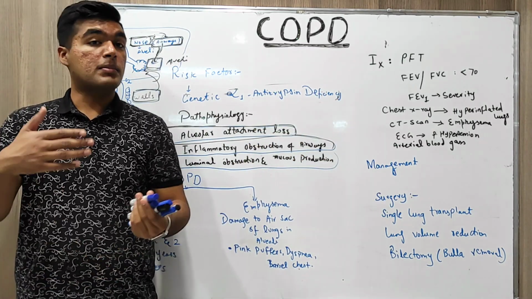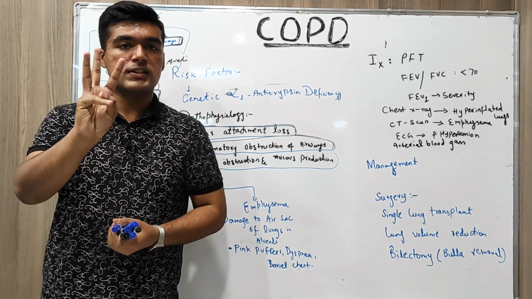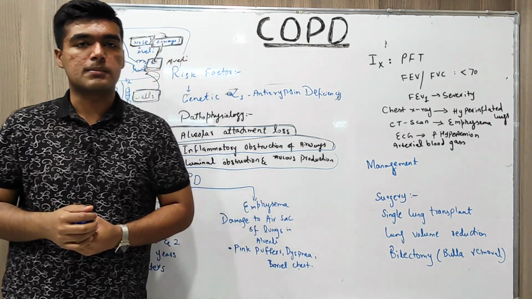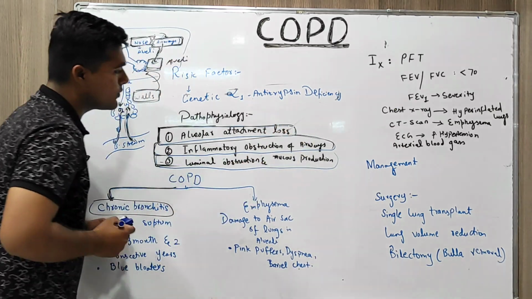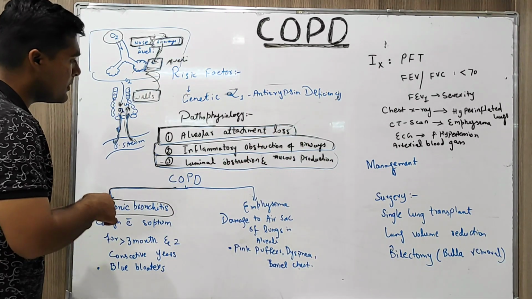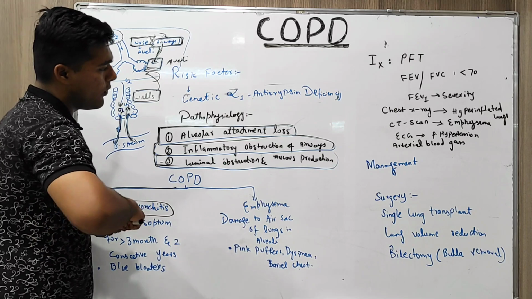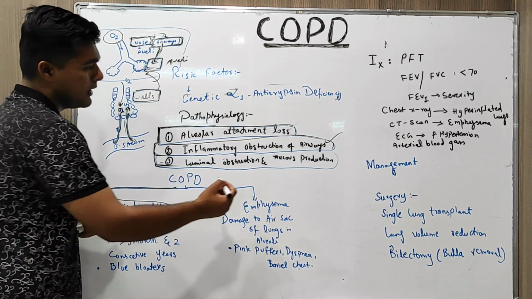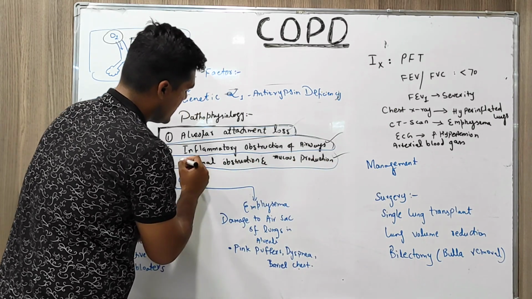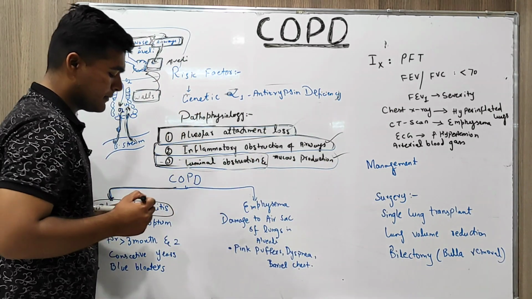When you talk about pathophysiology, there are 3 steps. Number 1, alveolar attachment is lost. Number 2, obstruction and inflammation of the airways start. Number 3, mucus production and luminal obstruction start.